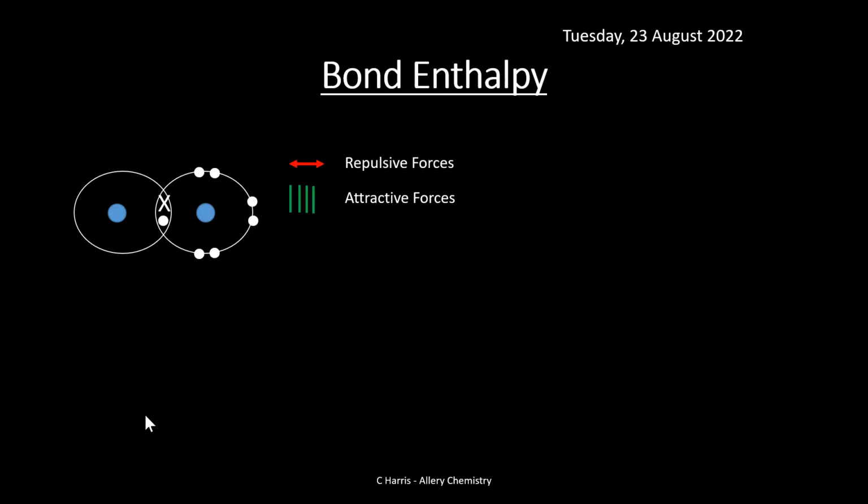Okay, so let's dig a little bit deeper into covalent bonding and what these electrostatic forces are. Here we've got a diagram with a nucleus in the middle and our electrons, and this covalent bond that we've just seen before.